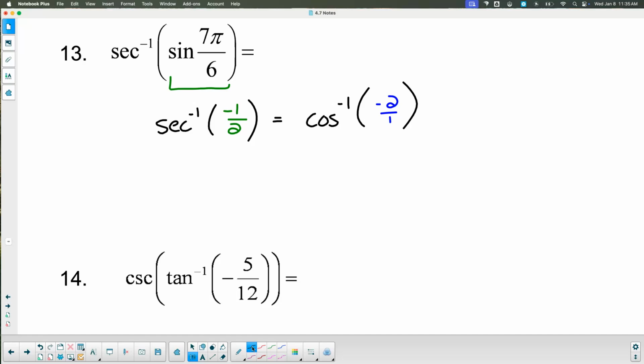Because what's cosine got to be in between? 1 and -1. Okay? Not possible, undefined, does not exist, empty set, all those things. Okay? We'll take them all.